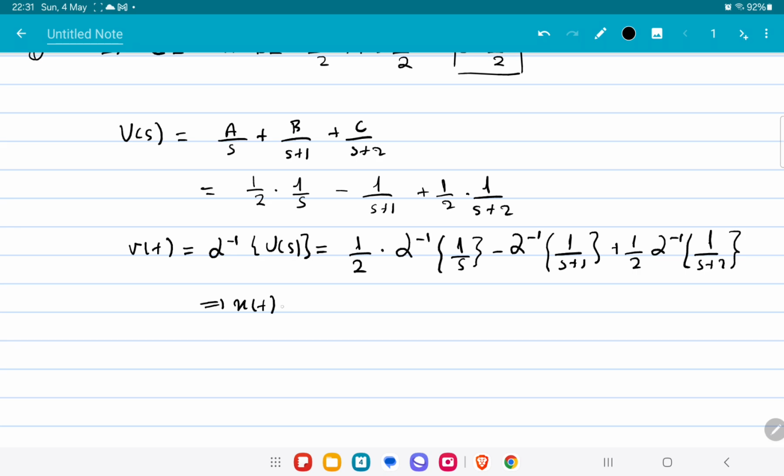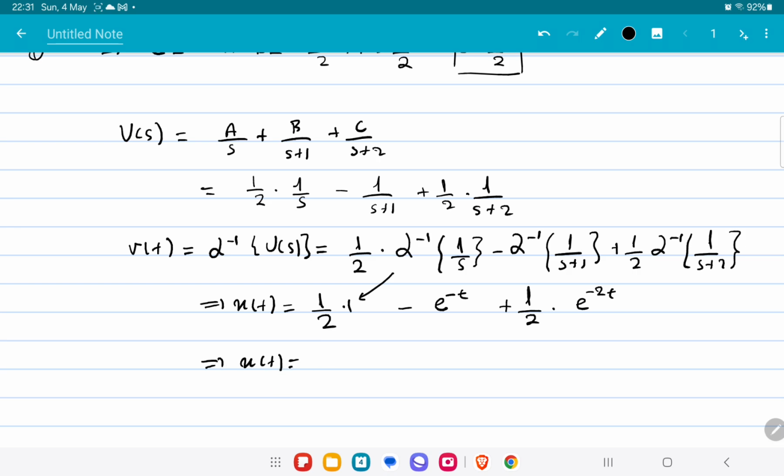So my u of t is going to be a half, because Laplace inverse of 1 over s is just 1, minus e to the power of minus t, plus a half times e to the power of minus 2t.